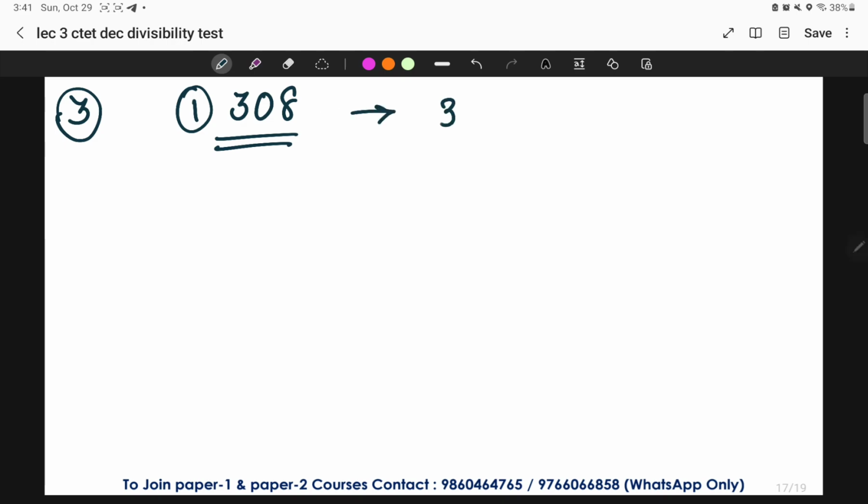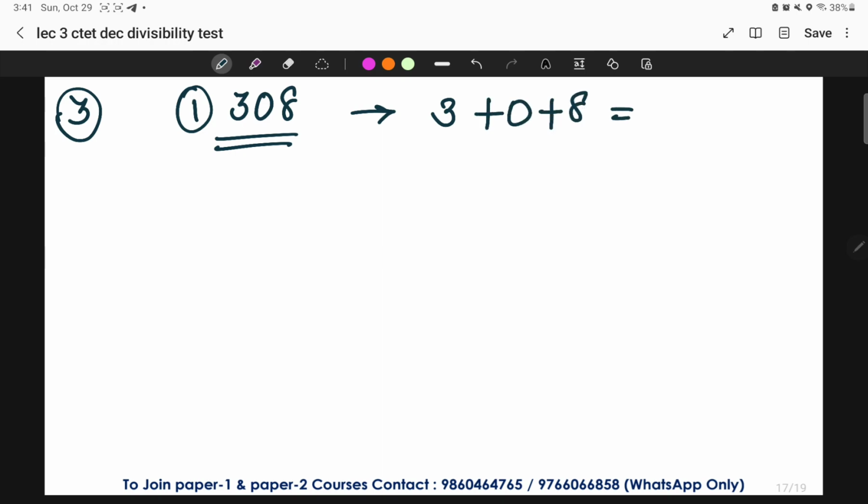We have seen for 2 that the last digit should be an even number. In case of the divisibility test of 3, if they give you a number, for example 308, and ask us to check whether it is divisible by 3 or not, step number 1 is to take the summation of the individual digits, that is 3 plus 0 plus 8.